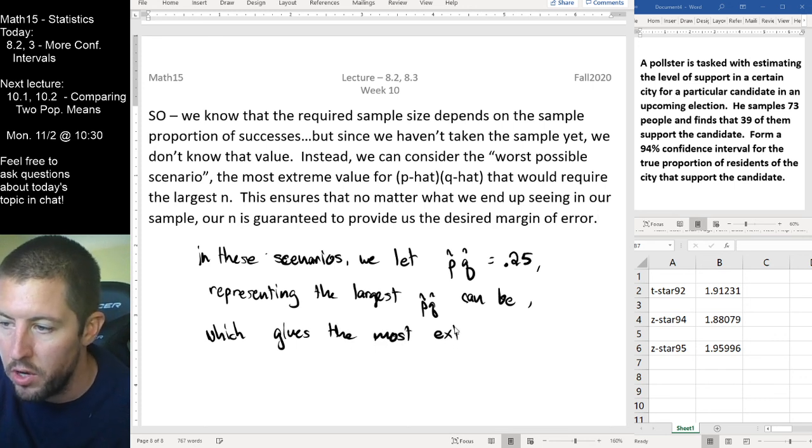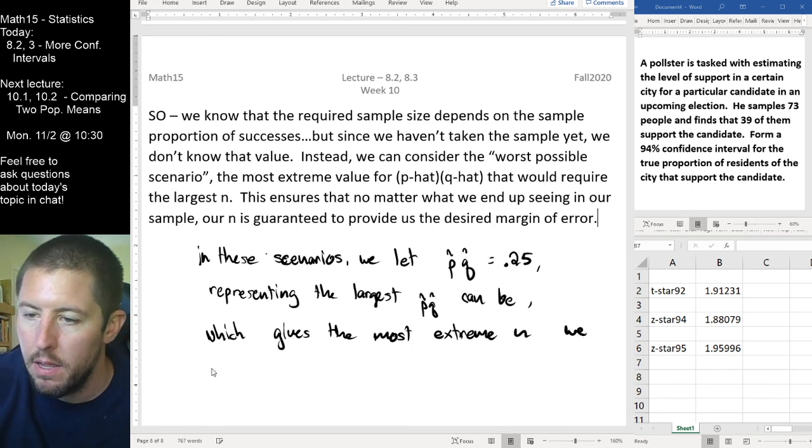Which gives the most extreme n we might need.